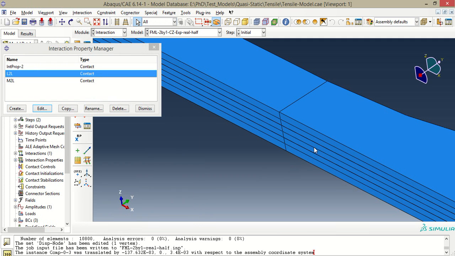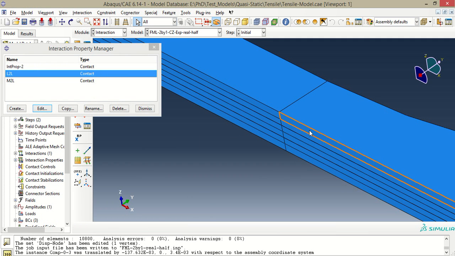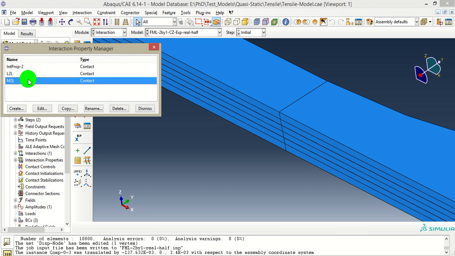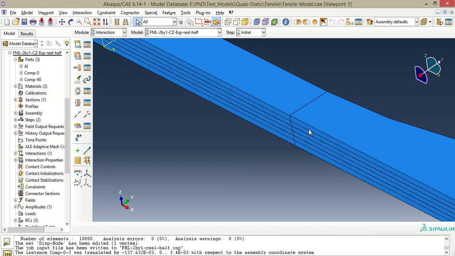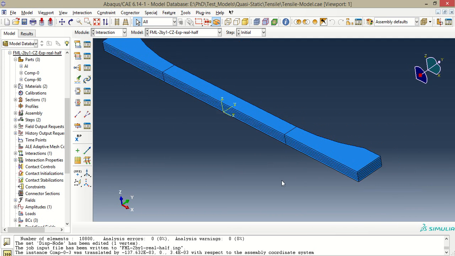The cohesive zone thickness between the metal and the composite layer is around 5e minus 5, that means around 0.05 mm. So this is a bit higher, which is obvious, and the other properties are the same in both. In this way, a cohesive zone is defined.